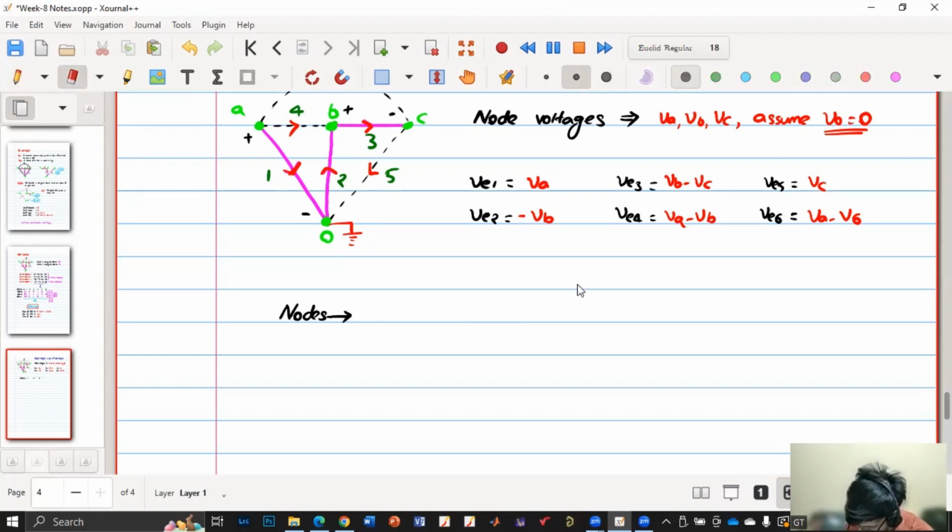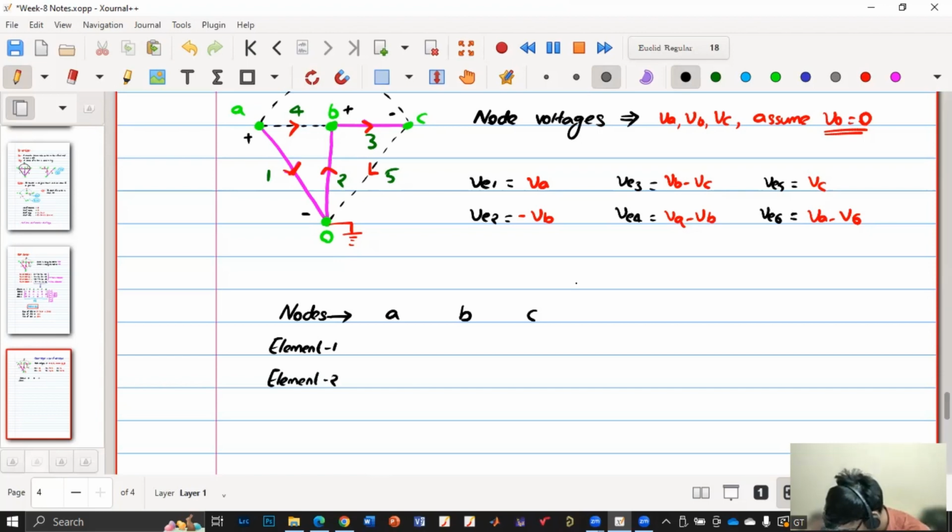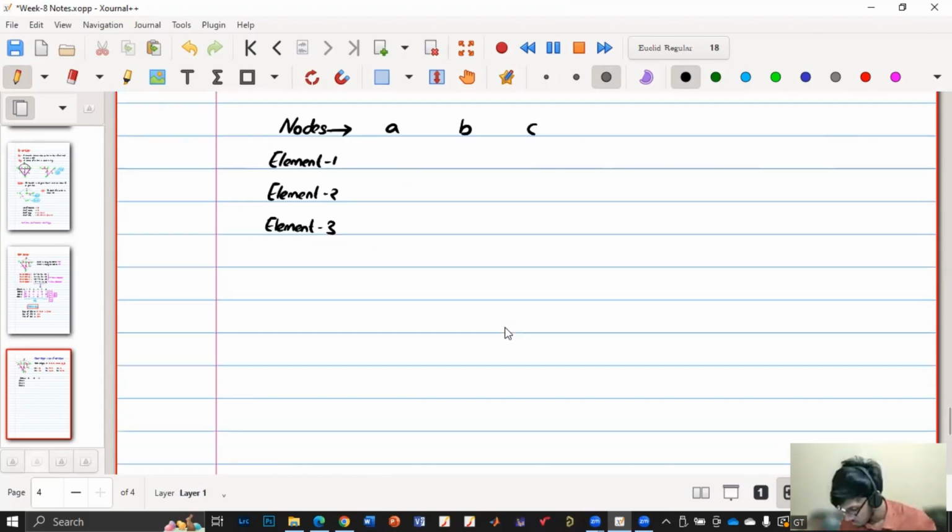So we'll write node A, node B, node C. And here we'll write element 1, element 2, element 3, and so on up to element 6.